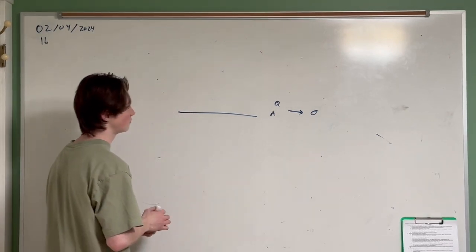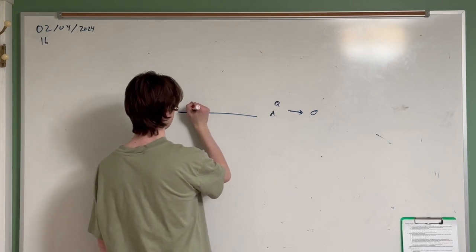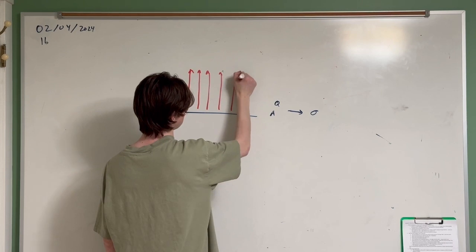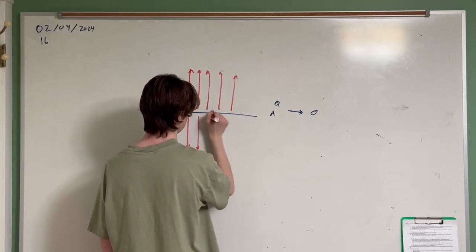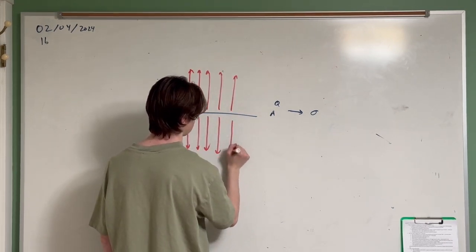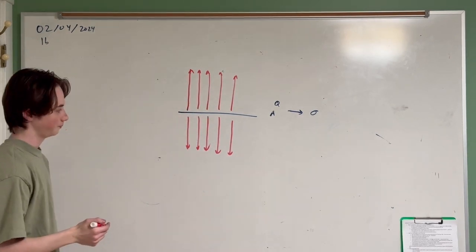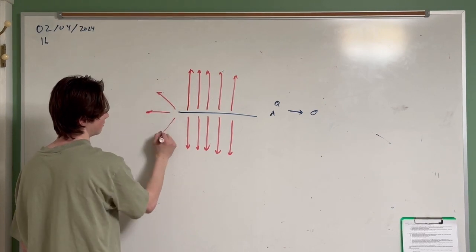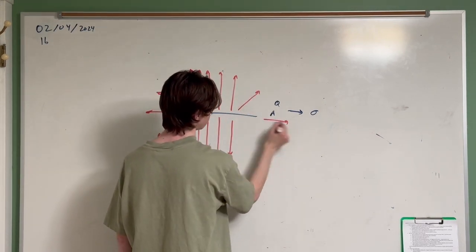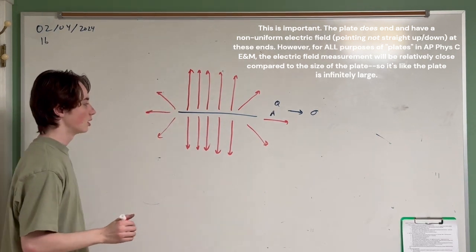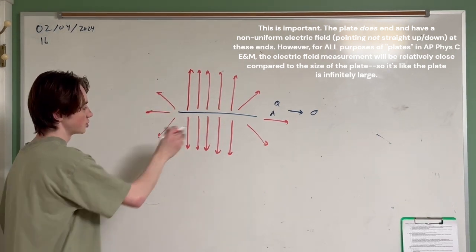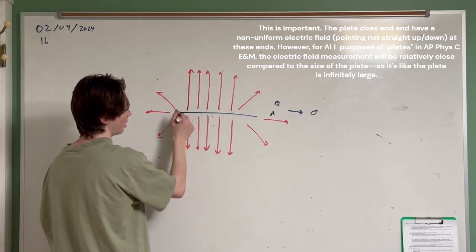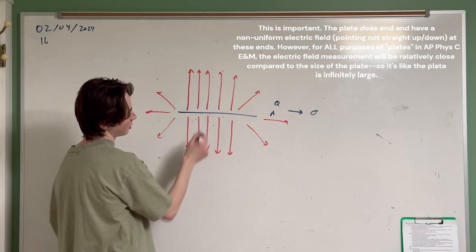Because it's positive, the electric field lines are going to look like this. There are some electric field lines that look like this, but typically when we're considering a plate like this, we're considering it as a really, really large plate, and we're assuming that most of the points we're measuring are close to the center and not the edges, and are very close to the plate.